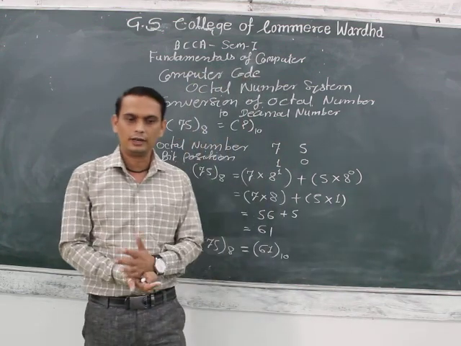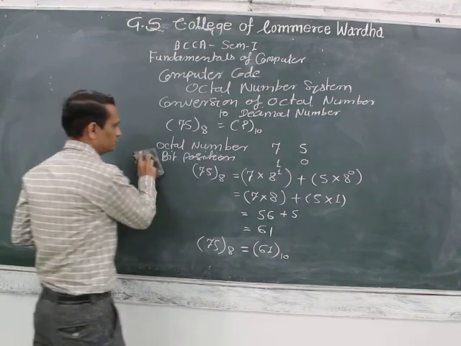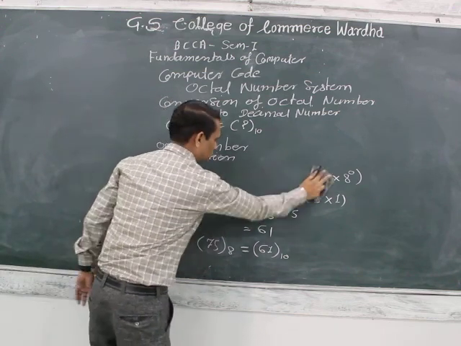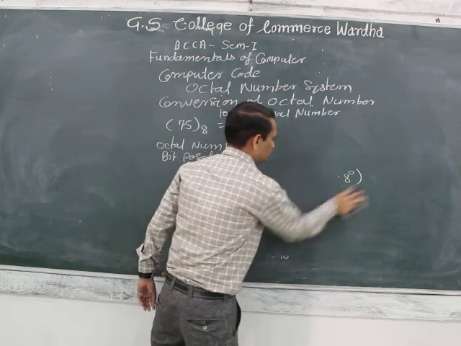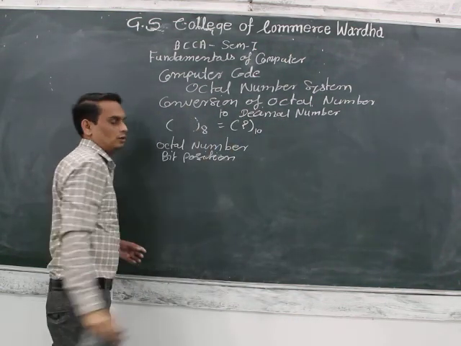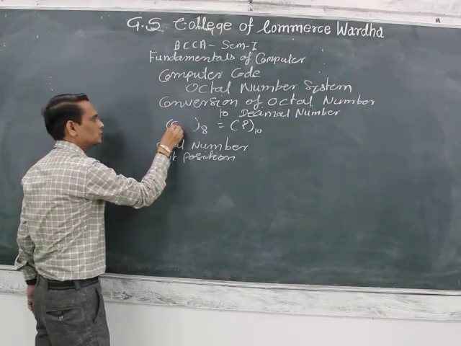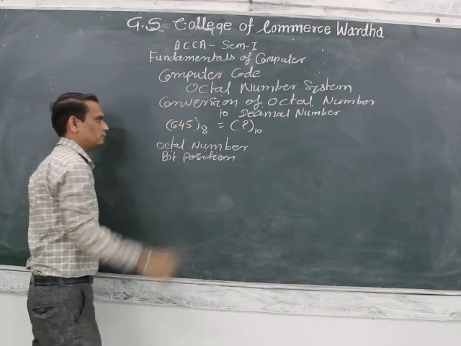Next example, the same conversion can be done. Now we convert a 3-digit number, just like 645.